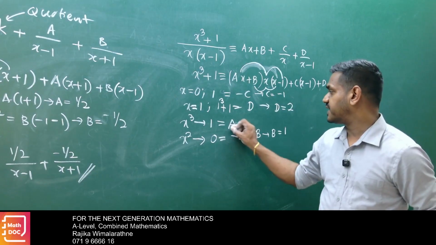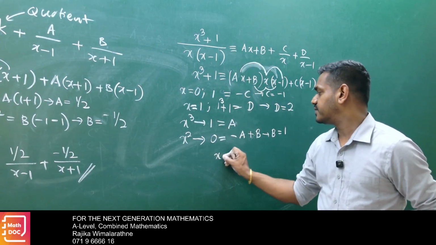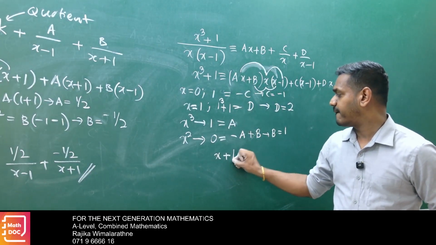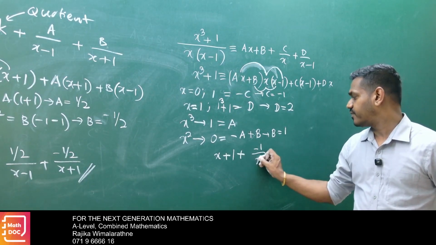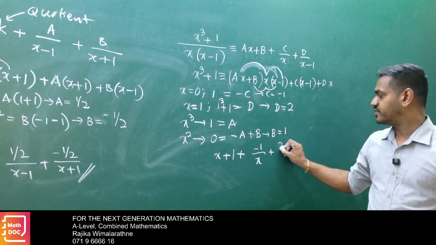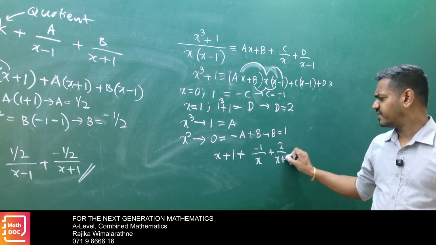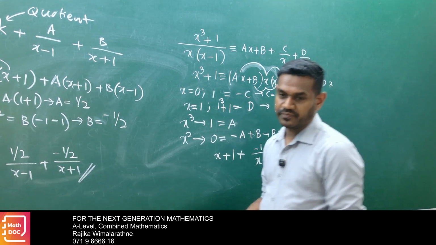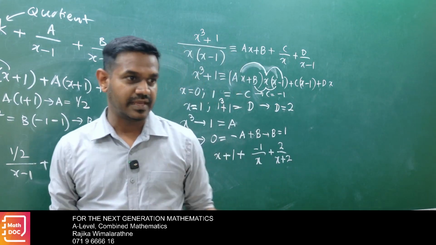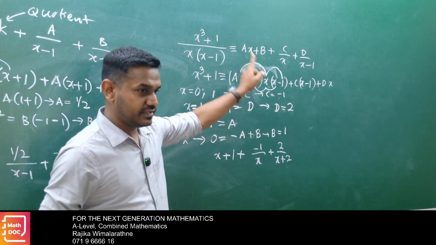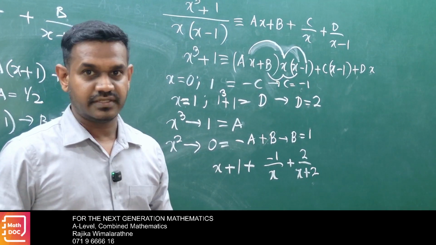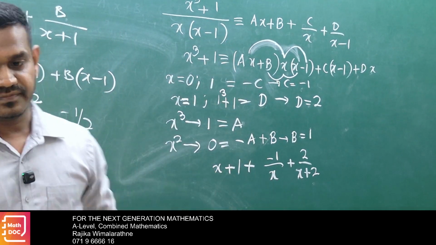Therefore finally in the partial fraction, a value 1, b value 1, c value minus 1, d value plus 2. Then for an improper rational function also we use the same technique. The only specialty is the quotient, no? That is the specialty. Okay, do that example.